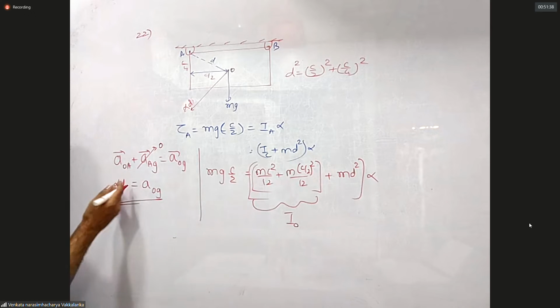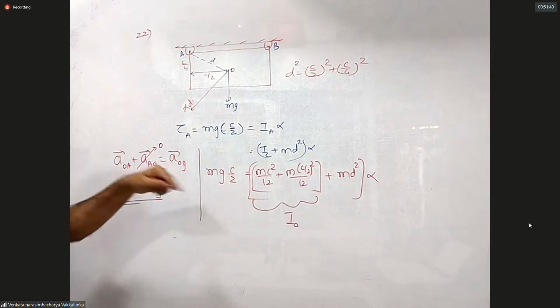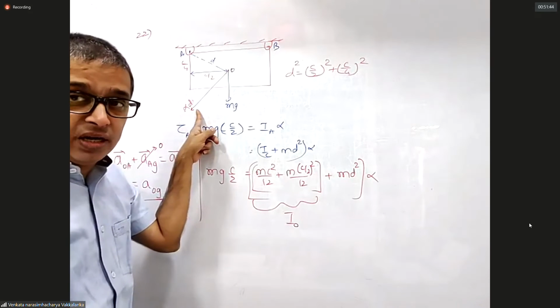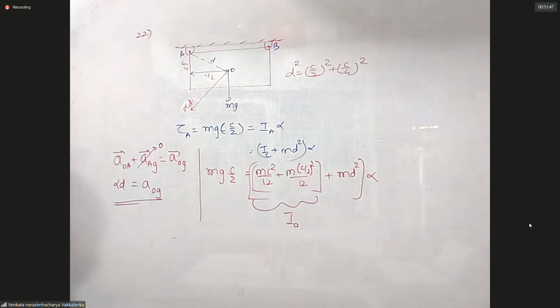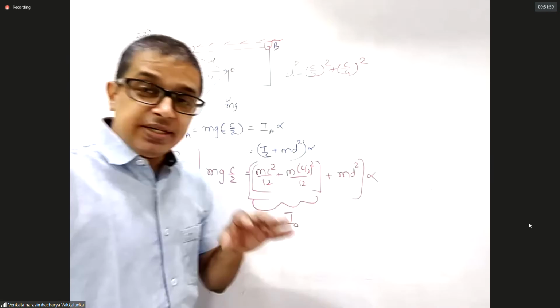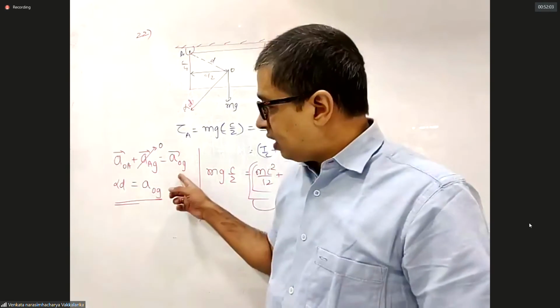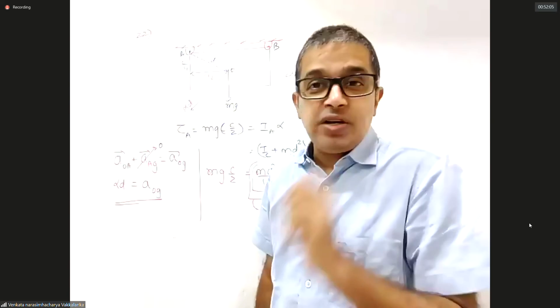This alpha you substitute here, you get this. If I want to report in terms of y-axis and x-axis, it should not be difficult for you. This problem can be solved. Generally, translational dynamic equation, rotational dynamic equation, and constraints will give you 3 variables.